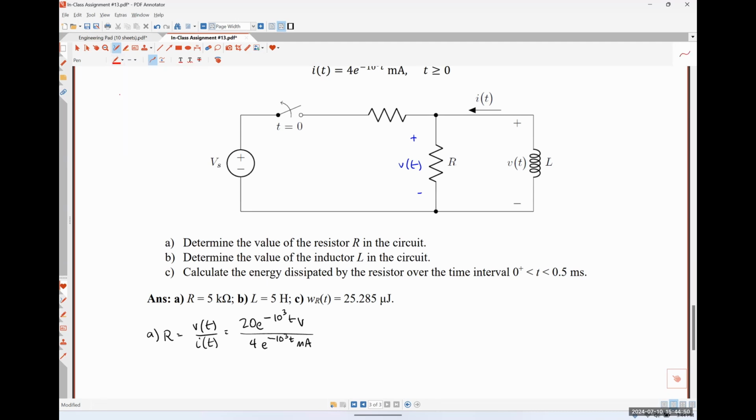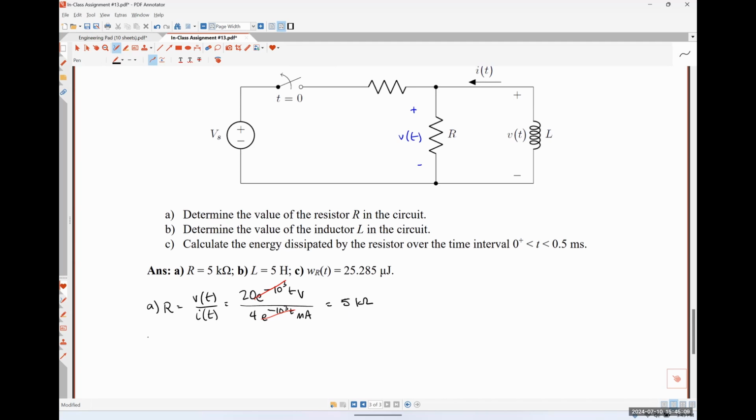We can see that the e to the minus 10 to the 3 t's cancel each other out, so it's really just 20 volts per 4 milliamps, which comes out to be 5 kilo ohms. Nothing particularly wild or crazy there. In part B, we're asked to determine the value of the inductor. Anybody have any thoughts on how we might do that?